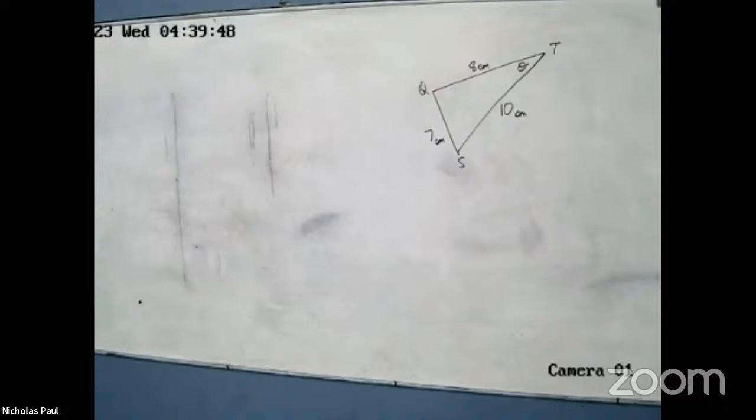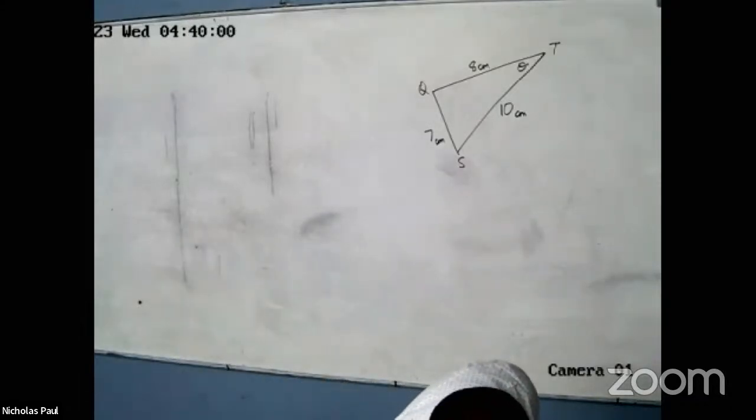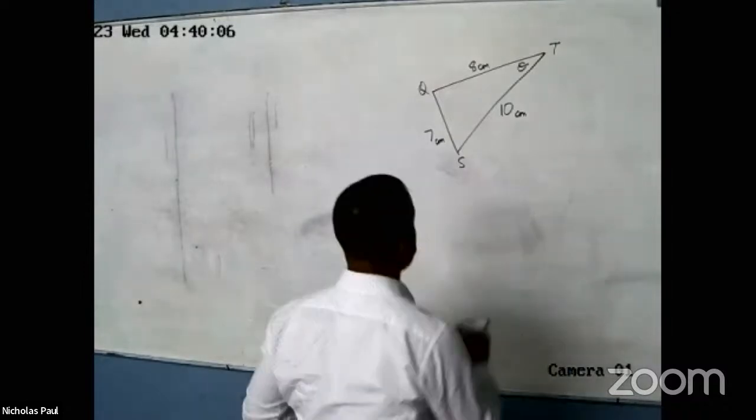This is not a right-angled triangle, even though it looks like one. It is not one. The cosine rule we're using. Anybody online have anything? So you should have this.